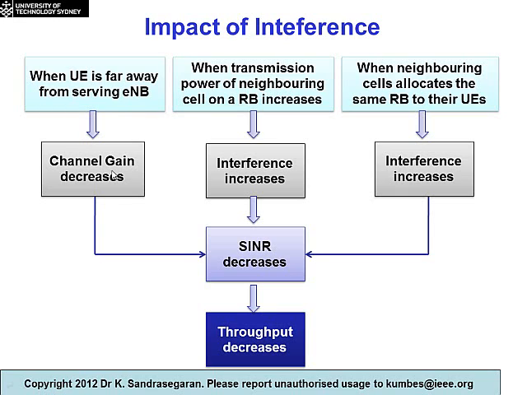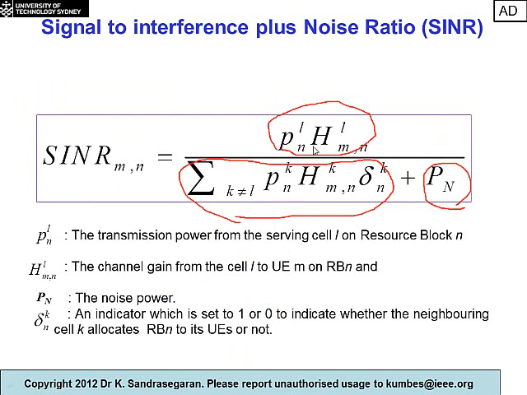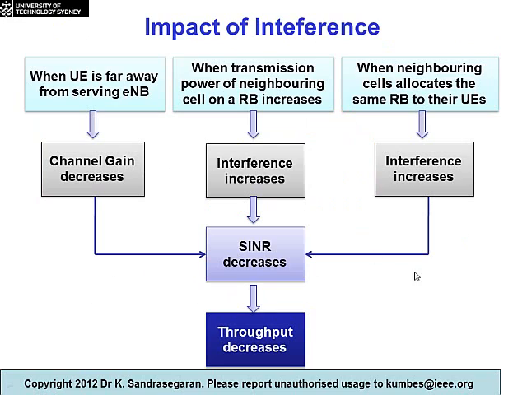And when the channel gain decreases, SINR decreases, because you can see if this term here decreases as a UE moves further away, then SINR also decreases. And if the SINR decreases, the throughput decreases. So we know this to some extent. The further you move away from the base station, the achievable throughput will decrease.